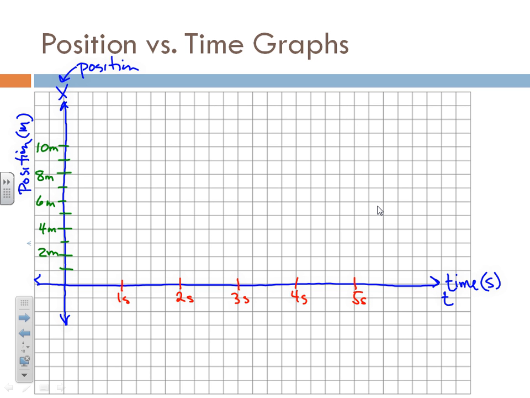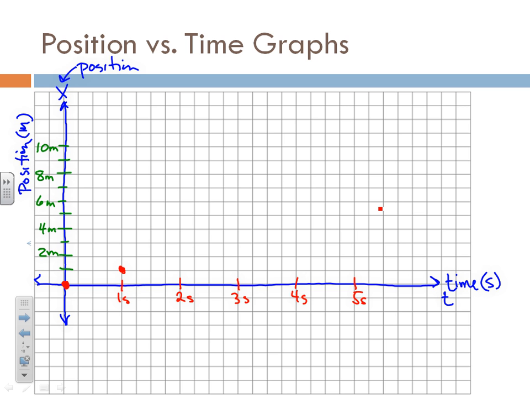As we go to graph these things, we're just going to put our data exactly the way that we saw it on the previous slide. So I have a dot right here at 0, 0. At 1 second, I will have gone 1 meter. That's my new position.